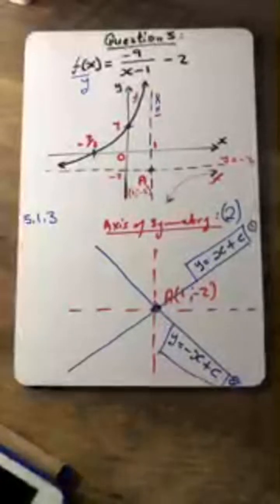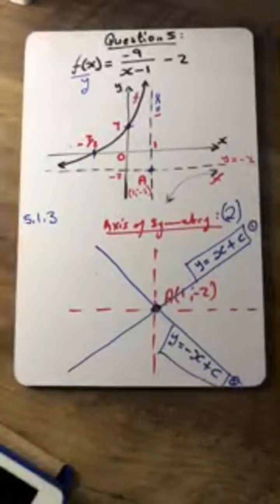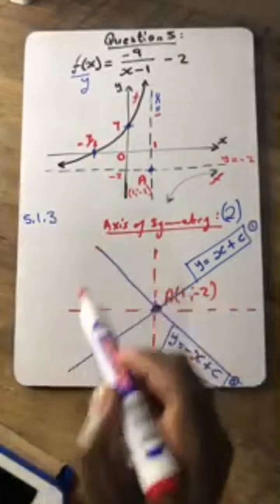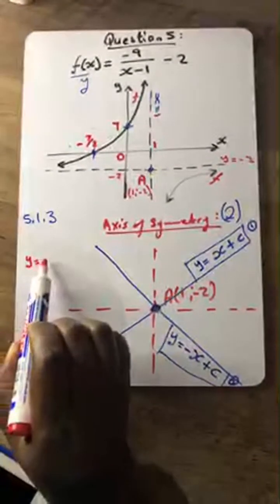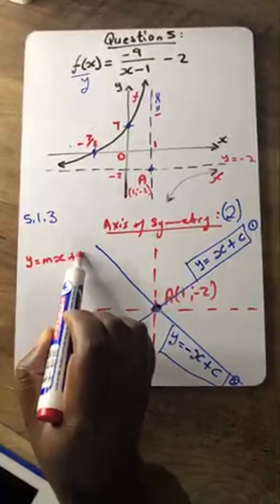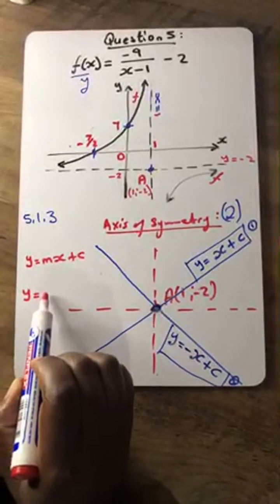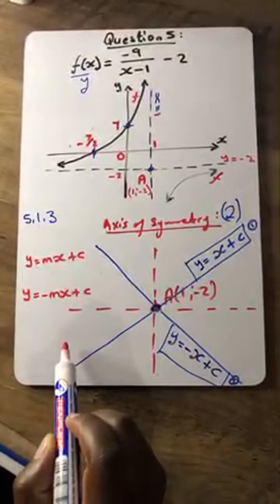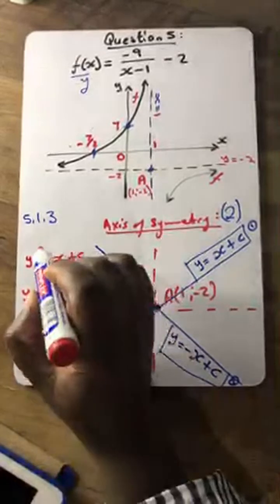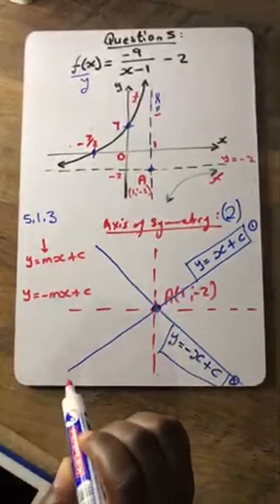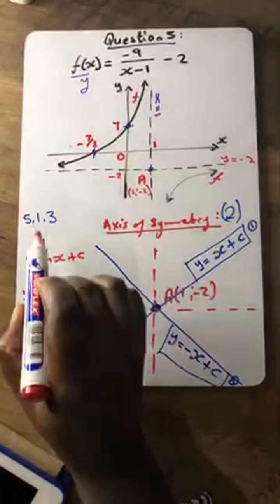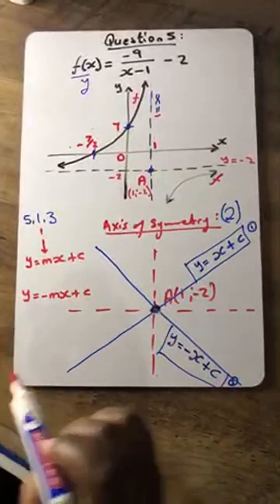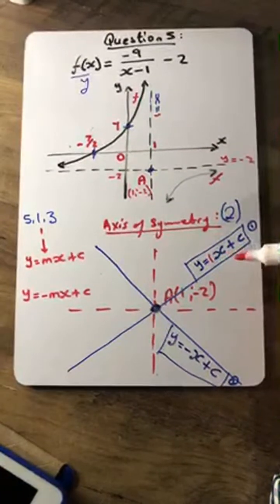So Matapelo, make sure of the formula there. Remember, it's actually y equals mx plus c. The other one is y equals negative mx plus c. This one having a positive gradient, that gradient is always 1, which is why we have invisible 1.